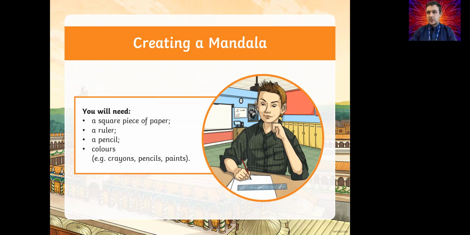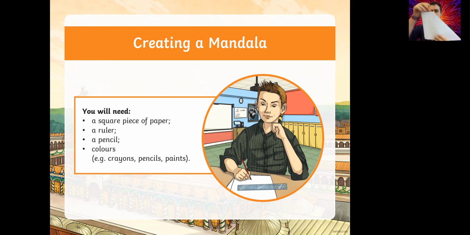Now, if you've not got a square piece of paper, what I suggest you do, if you've got an A4 sheet of paper, is fold down the sheet of paper so it's like that, then put the fold down there.